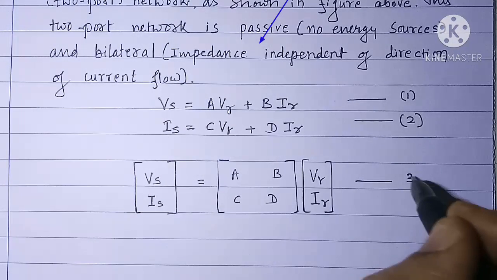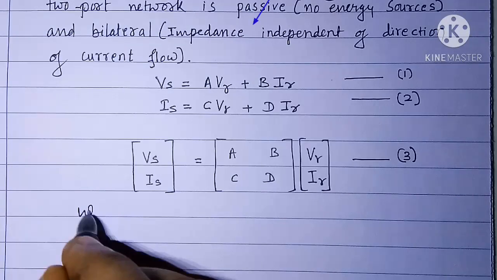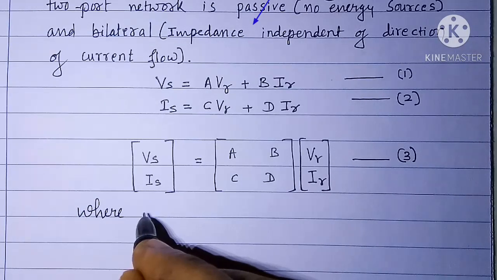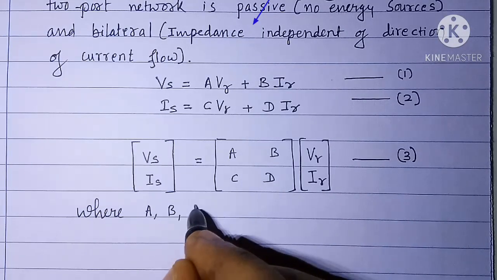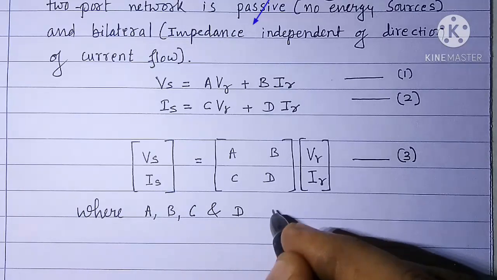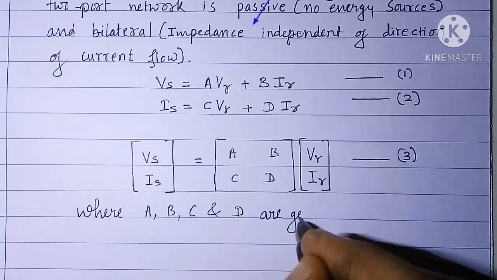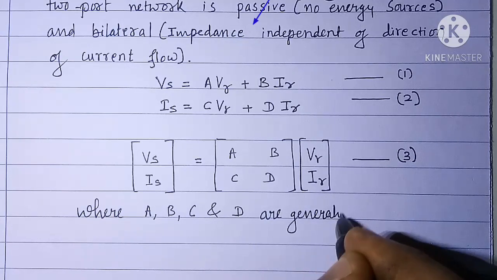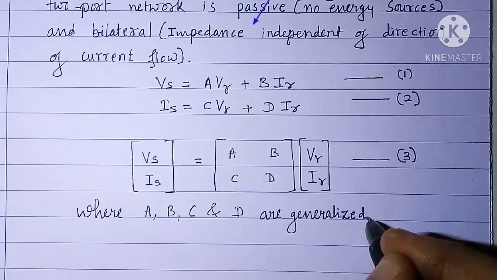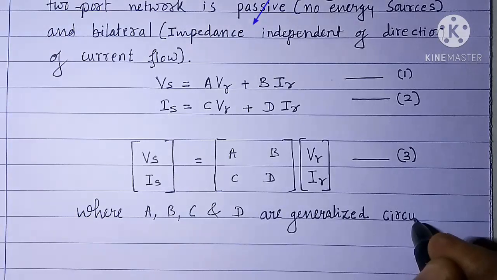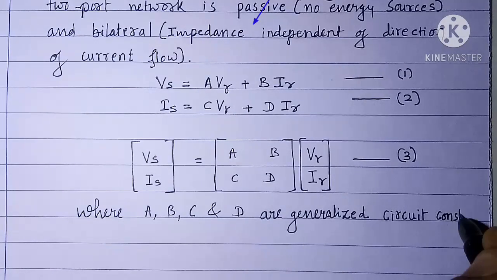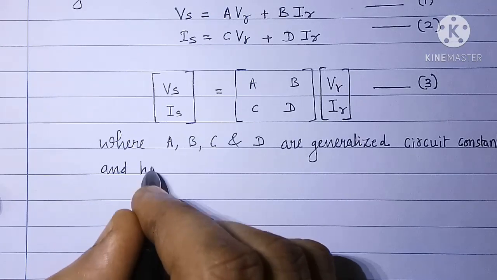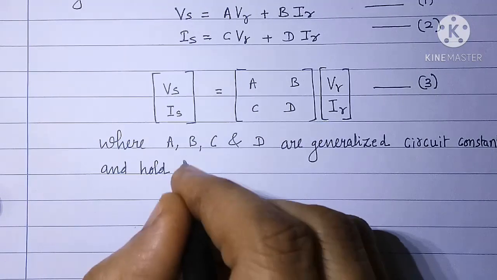Now let us call this as equation 3, where A, B, C and D are generalized circuit constants and hold the following properties.